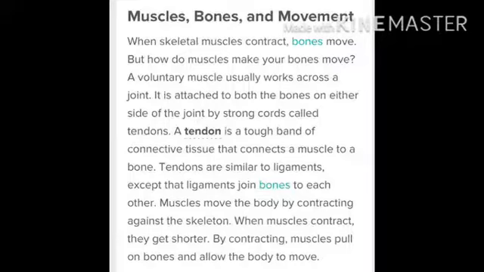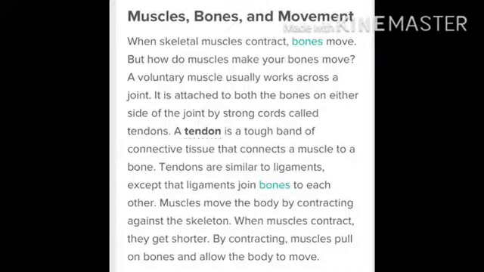Muscles move the bone by contracting against the skeleton. When muscles contract, they get shorter, and by contracting, muscles pull on bones and allow the body to move. The movement of the arm at the elbow joint is controlled by two muscles, biceps and triceps.